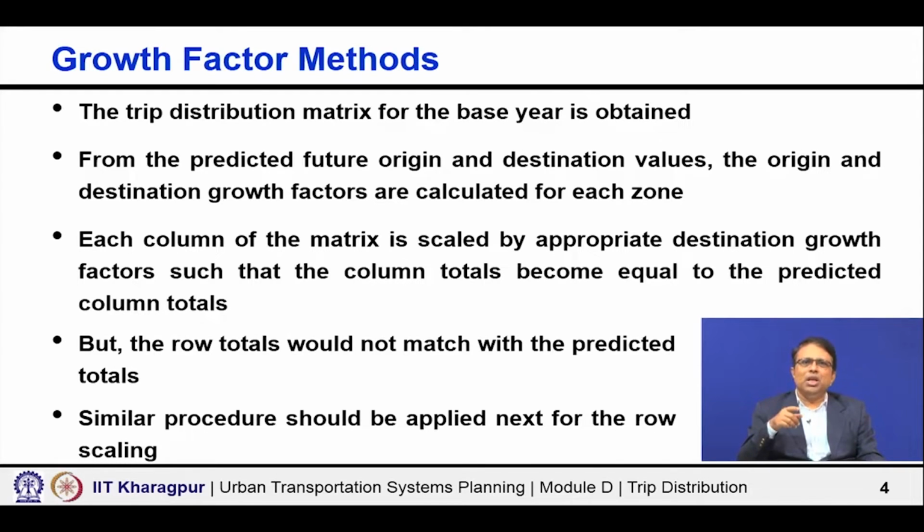Therefore, a similar process should be applied next to the rows, and this process will continue. Match the column totals, then match the row totals, match the column totals again, match the row totals again. Like that we will continue in an iterative manner till we get the required or expected accuracy.